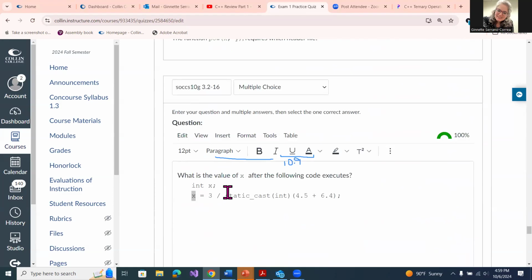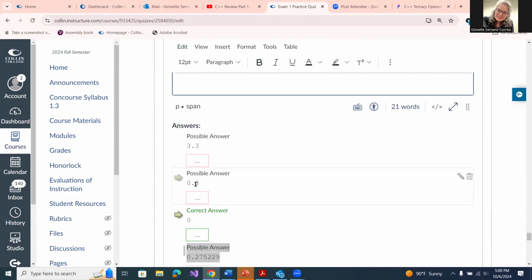Well, let's see. This is dividing 3 by an integer. It doesn't matter because 3 divided by 10 is going to be point something. So let me get my calculator out first. If we do 3 divided by 10, it's 0.3. So there's 0.3, but what it does is it drops the decimal.